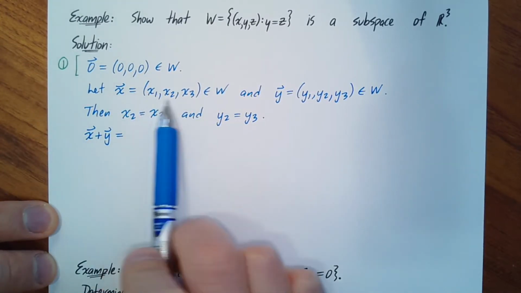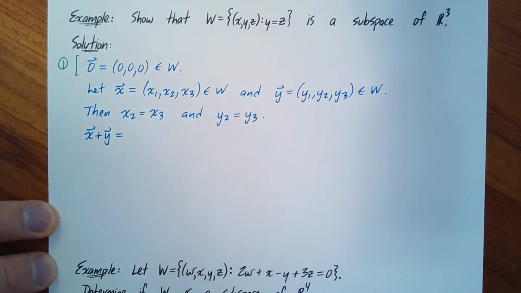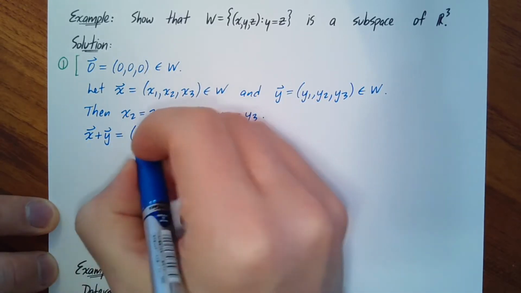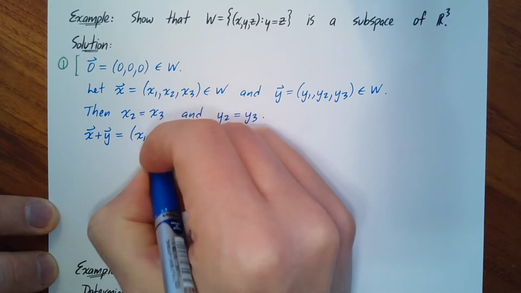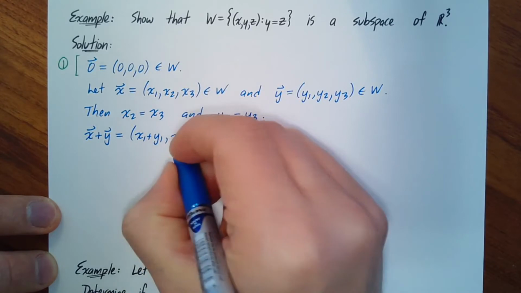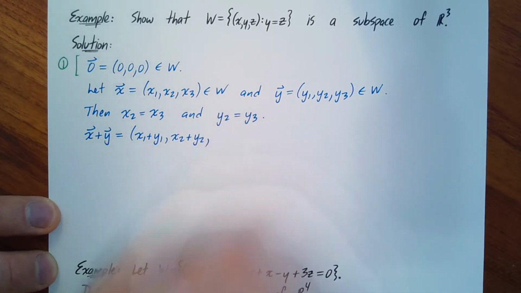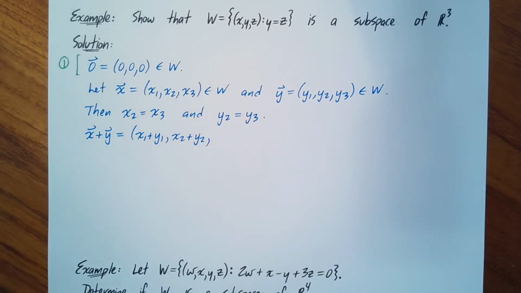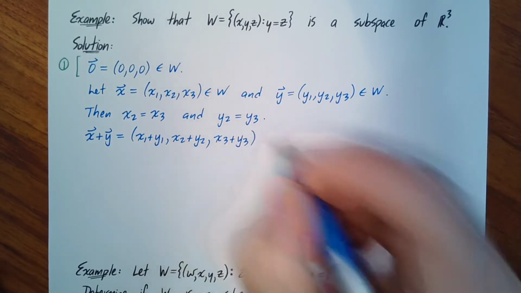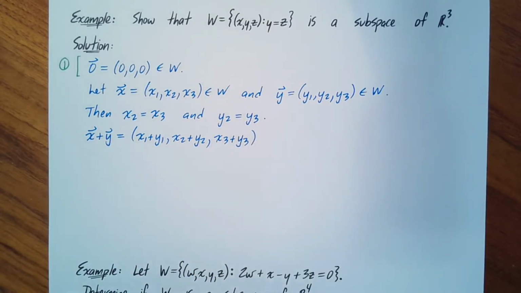We've got coordinates for x and we've got coordinates for y. So let's add them together. The first coordinate is going to be x1 plus y1. The second coordinate will be x2 plus y2. And the third coordinate will be x3 plus y3. Okay, so that is our x plus y.